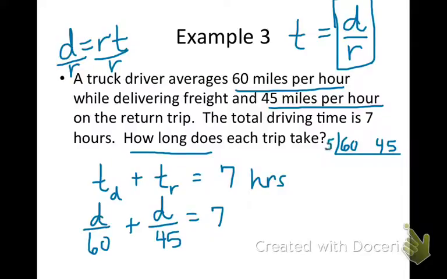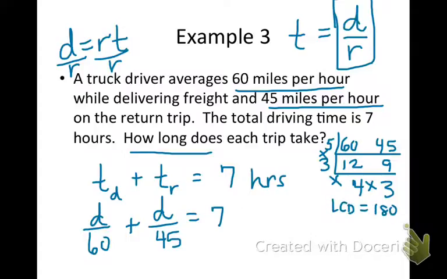Say I divide out 5, so I get 12 and 9. They're both divisible by 3. And then they're not divisible by anything else, so I multiply all of these together and get that the least common denominator is equal to 180.